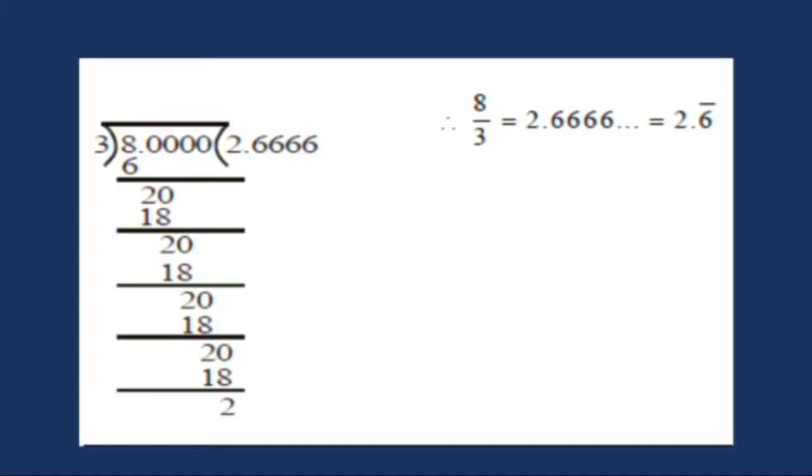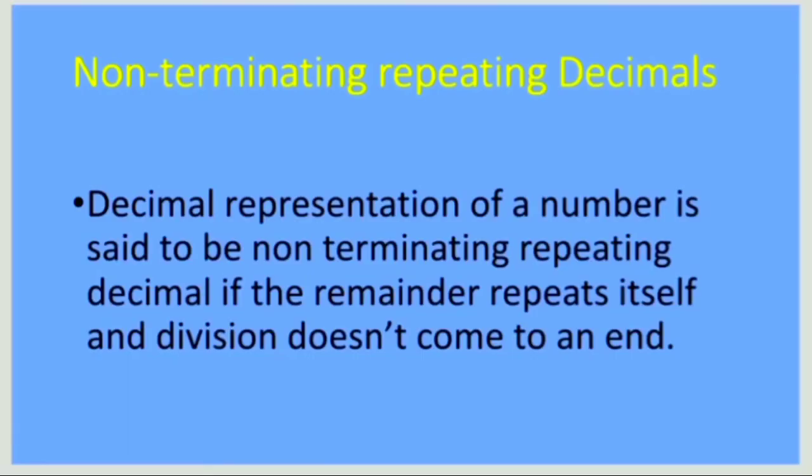Now observe this division. As you can see, the division is never coming to an end, and the remainder starts to repeat itself after some steps. Such decimals are called non-terminating repeating decimals or non-terminating recurring decimals. Recurring or repeating means the same.